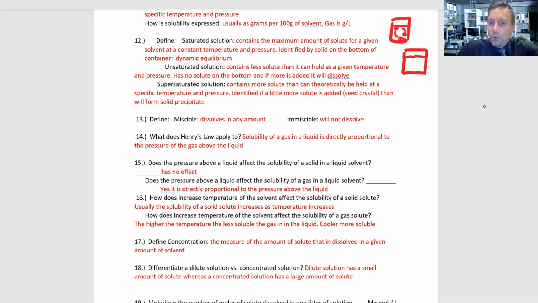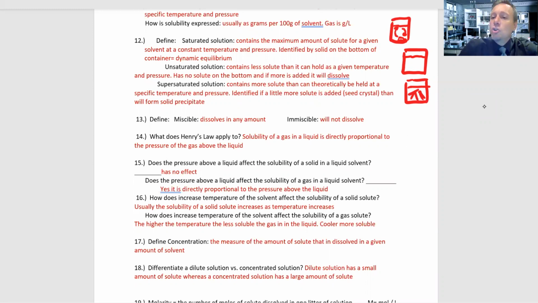Now, supersaturated. Let's draw this right here. Once again, when you look at it, you cannot tell if it's unsaturated or supersaturated. Why? Because there is no solute on the bottom. However, if you drop a little more of the solute in this container, they call it a seed crystal, because if you drop more in, you get rapid and constant precipitation occurring.